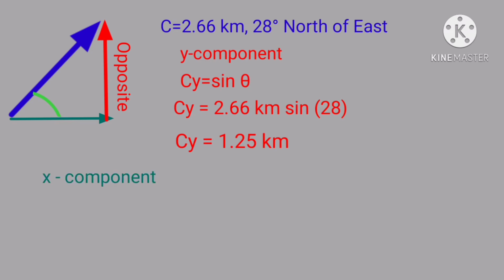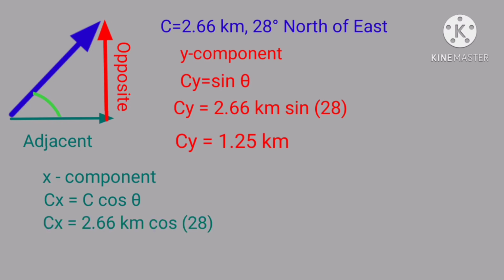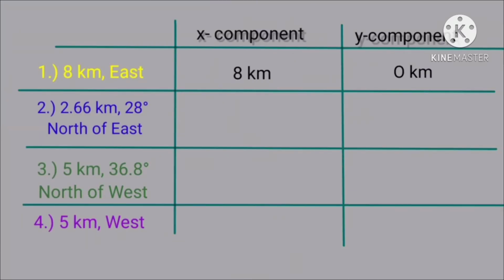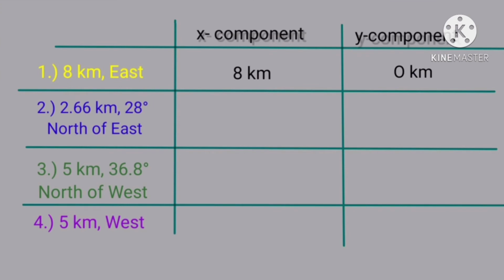For our x component, which is the adjacent side, the formula is Cx equals C cosine theta. Substituting the values, Cx equals 2.66 km cosine 28, and we get Cx equal to 2.35 kilometers. Now, place the answers in the table: 2.35 kilometers for the x component and 1.25 kilometers for the y component.